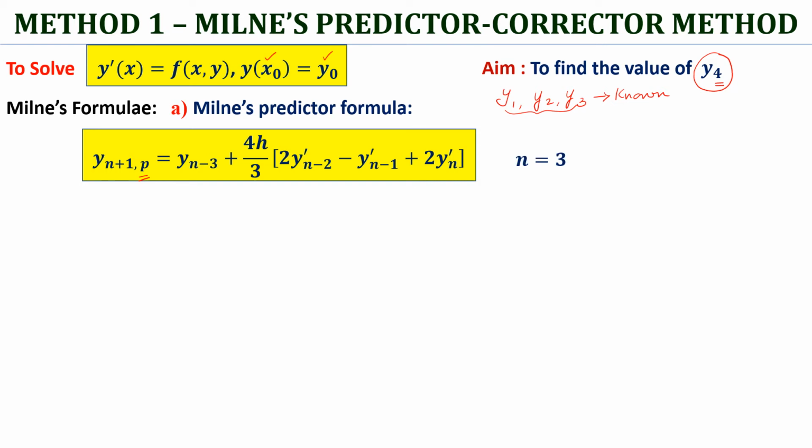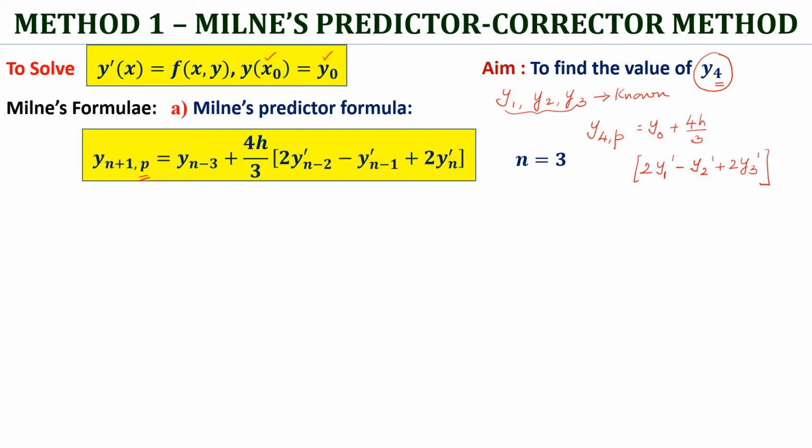So when I put n equal to 3, look at how the formula will look. It will be y4 comma p, that's the predicted value of y4, and that will be equal to y0 plus 4h by 3 multiplied by 2y1 dash minus y2 dash plus 2y3 dash. This is what it will be.